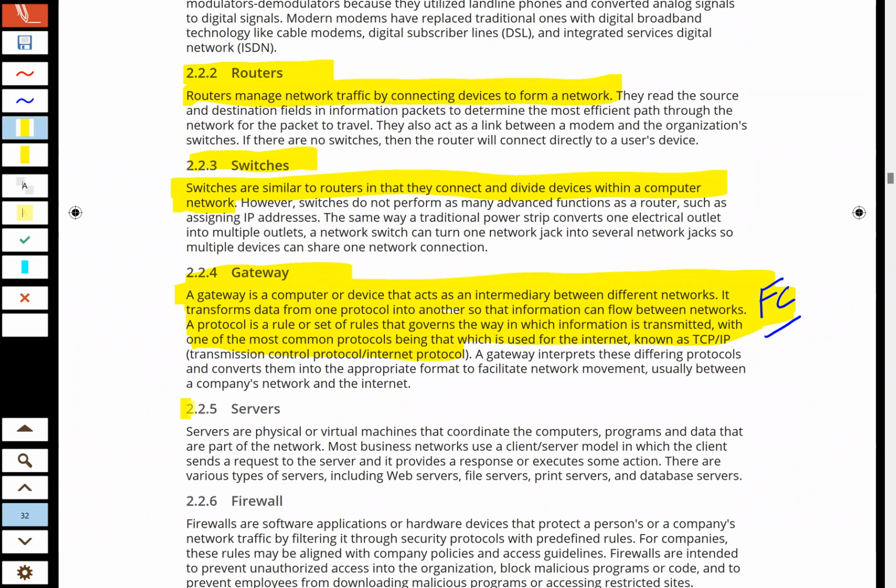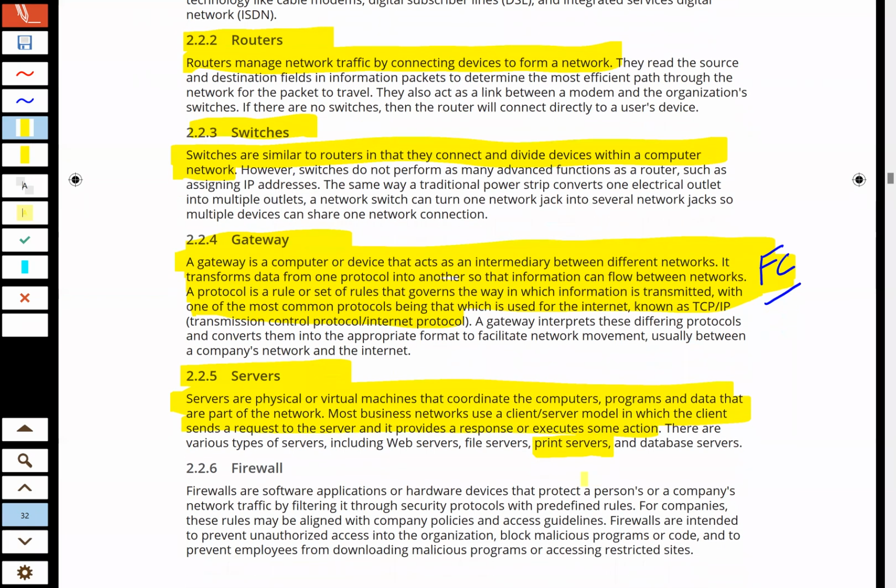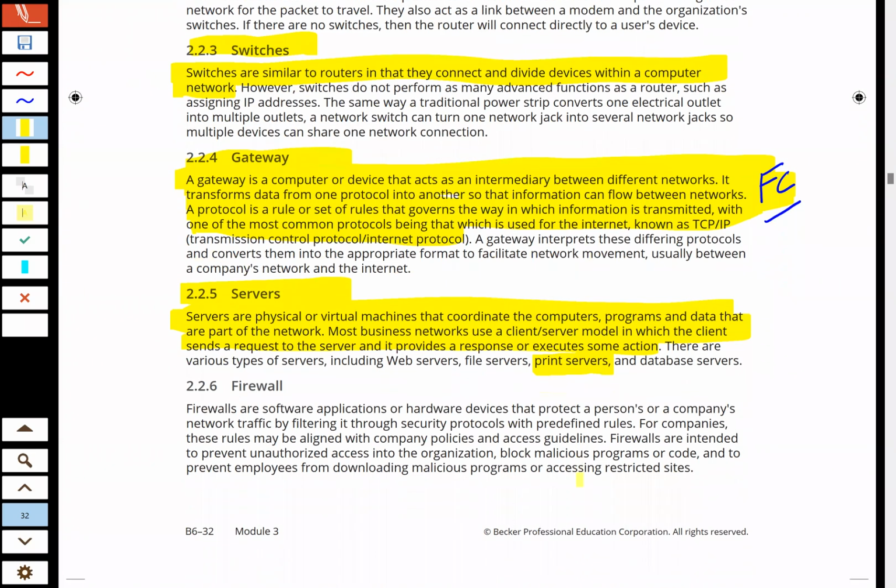Servers, I'm sure you're aware of, and basically most business networks use a client-server model, where the client sends a request to the server, which provides a response or executes some action. I think we all hear about print servers quite a bit, so that would implement that action.